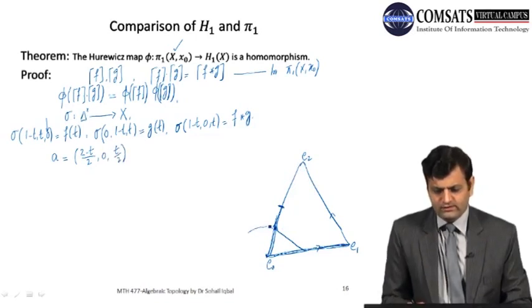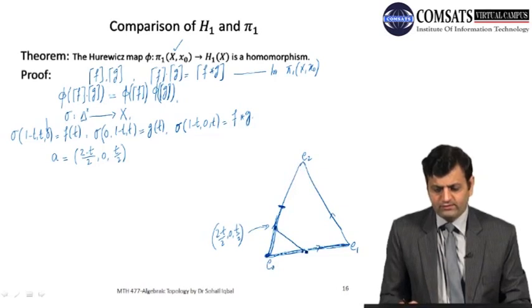So basically it's this line segment, ((2 minus t)/2, 0, t/2). When t is 0, it is 1, 0, 0, so E naught, and when t is equal to 1, it is 1/2, 0, 1/2, the midpoint of E naught and E2.